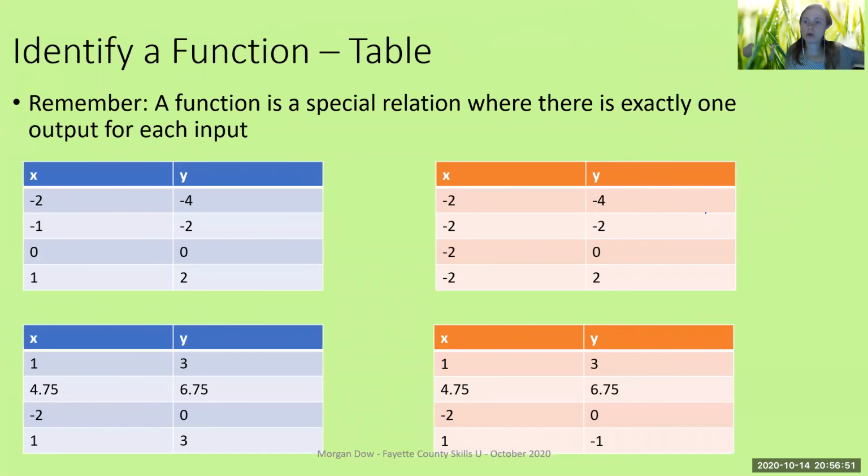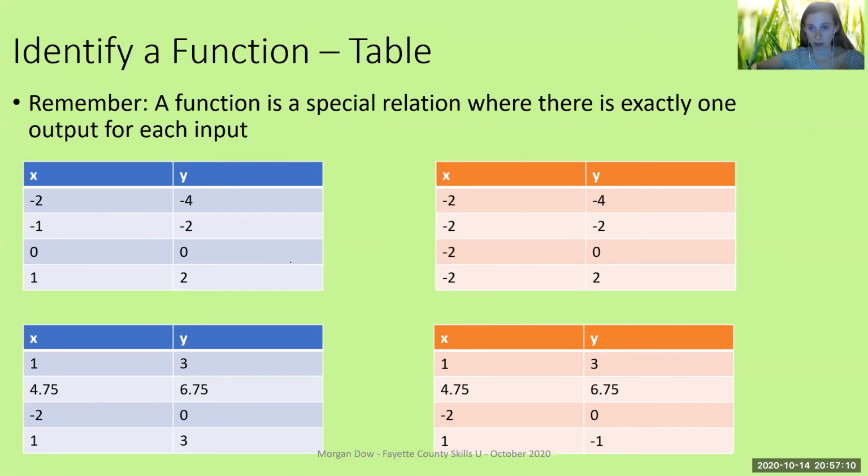Okay, so the last thing that we are going to practice today is identifying a function. We're going to do it two ways. We're going to do it when looking at a table first, and then the second way is while looking at a graph. So let's start with tables.